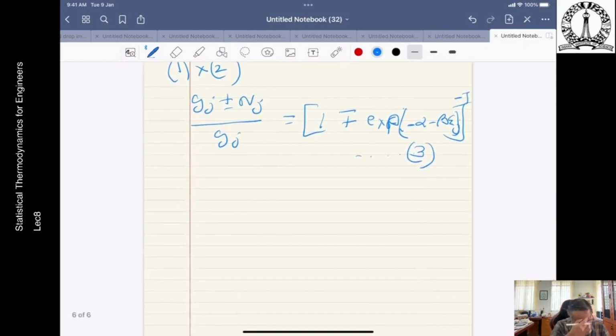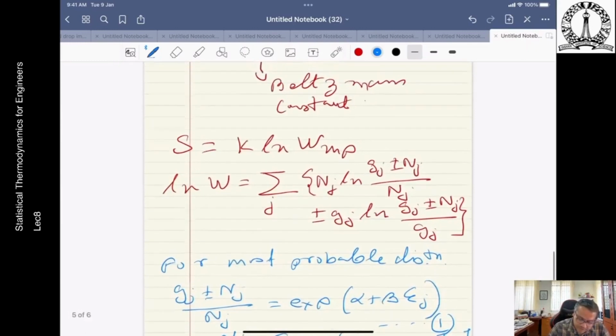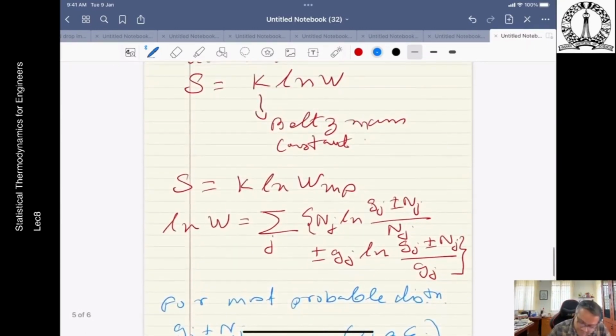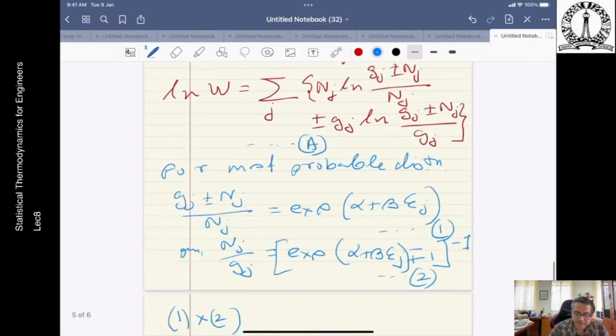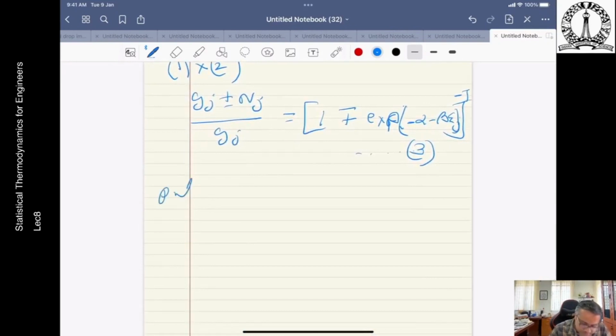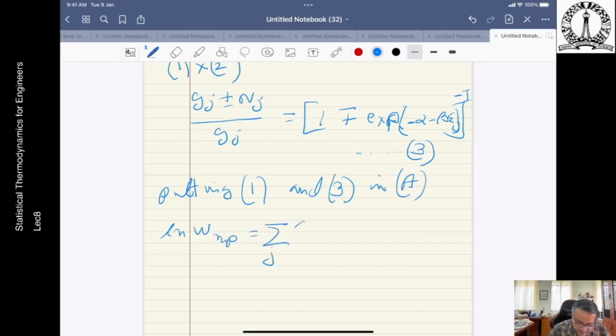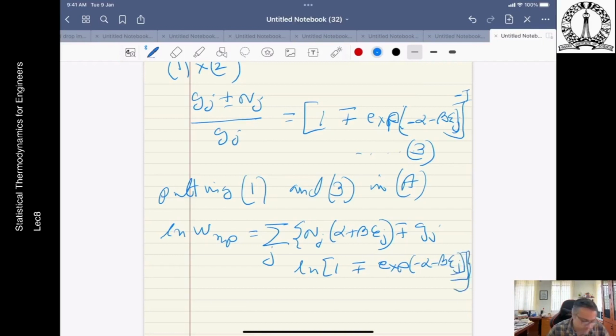Now, if we name the expression we have over here as A, then putting 1 and 3 in expression A, we get the most probable distribution equal to the summation over j of Nj (alpha plus beta Ej) ∓ Gj ln[1 ∓ exponential of (minus alpha minus beta Ej)].